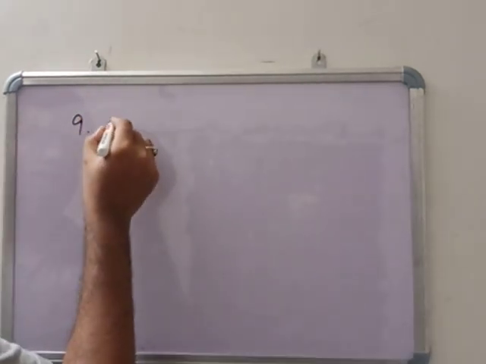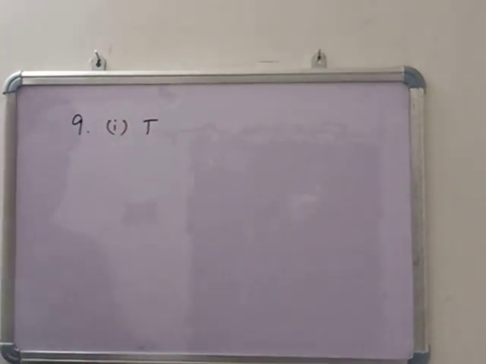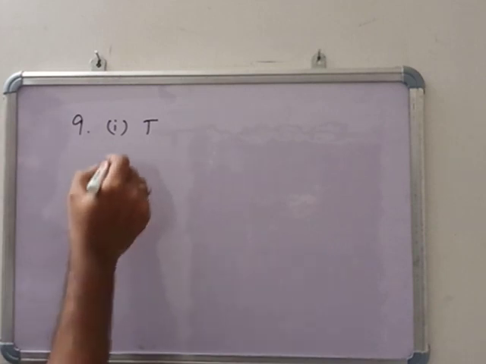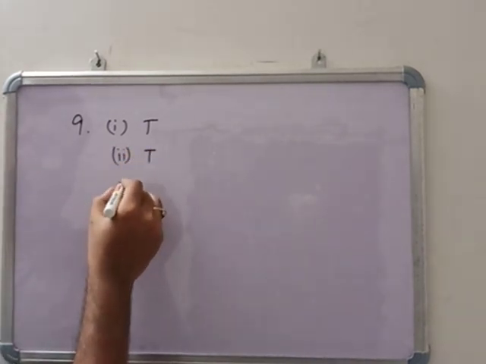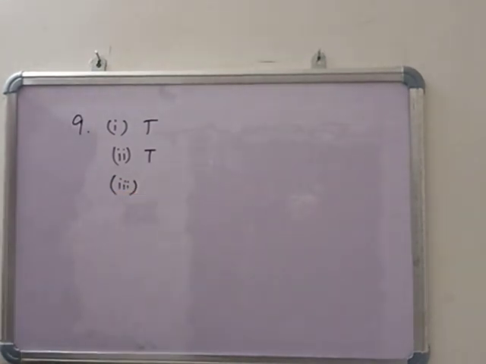Now, in number 9, see that some true false are given. The sum of two integers is always an integer. Okay, it's very much true. In number 1, it's true. Now, the difference of two integers is always an integer. Yes, it's very much true. Number 3. The absolute value of every integer is a positive integer.